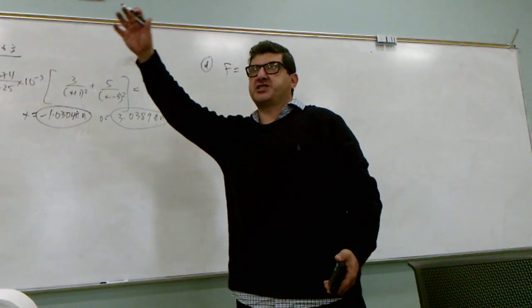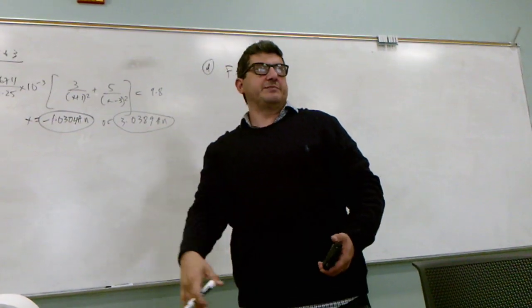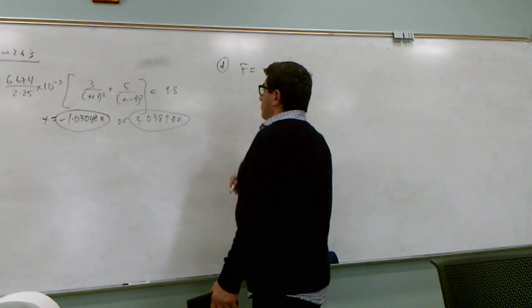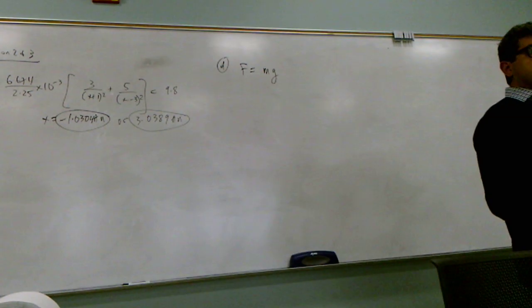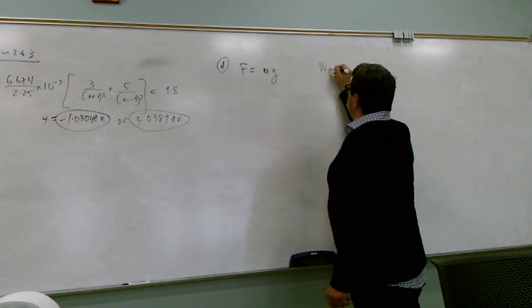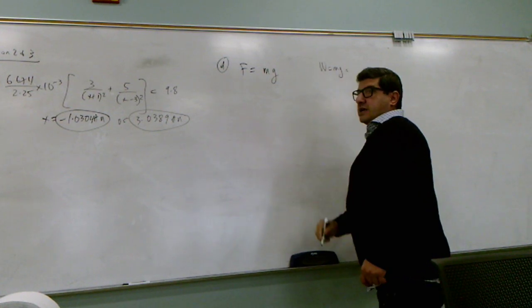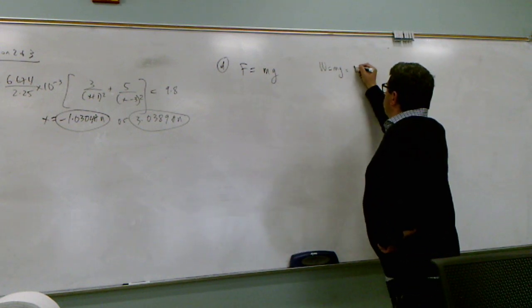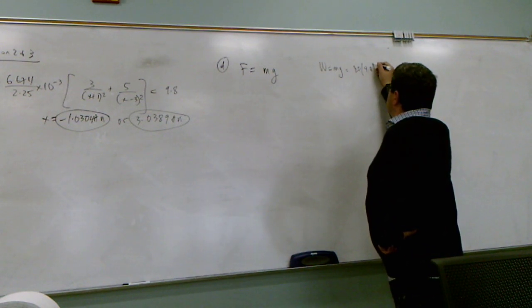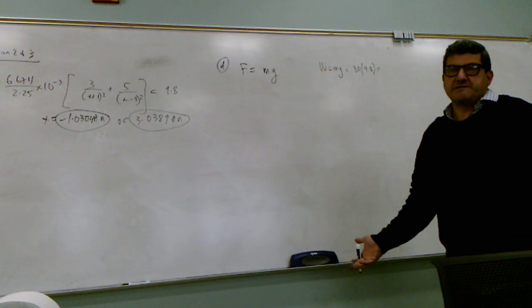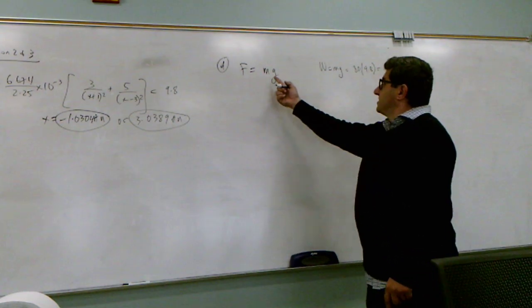So you don't have to start this all the way from the beginning, right? So we're just using F equals mg. This is the same equation that you use in physics 1 when you say W is mg. You say, okay, 80 kilogram person, how much do they weigh? Then you do 80 times 9.8, and it tells you how many newtons that person weighs, right? We do this in physics 1 all the time. Well, this is the same equation.